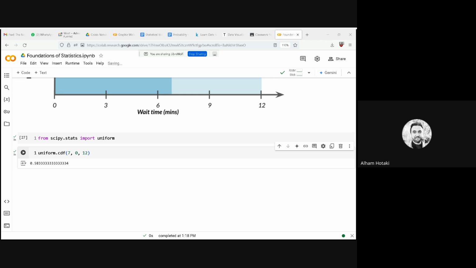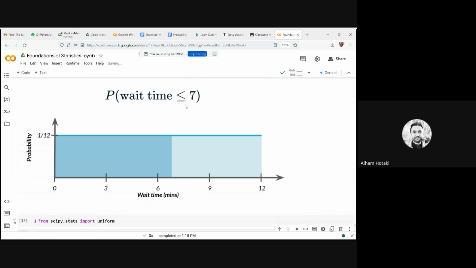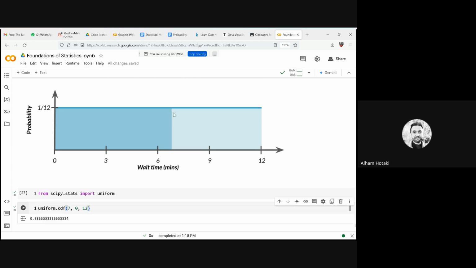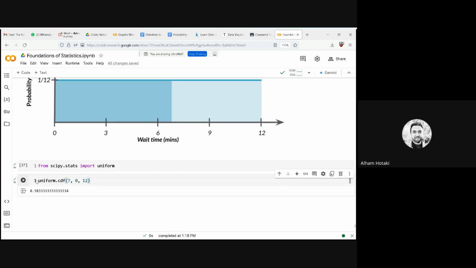If you want to know it, for example, not less than, but larger than 7, you can just do 1 minus this one, so you will be getting the remaining area. This is how Python can calculate the probability of different areas.